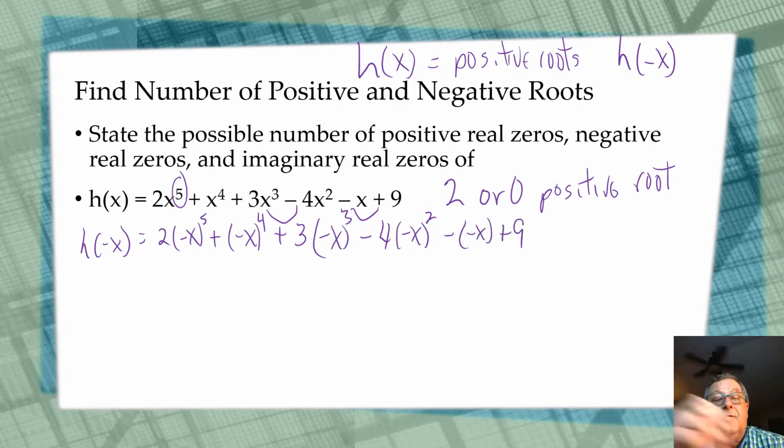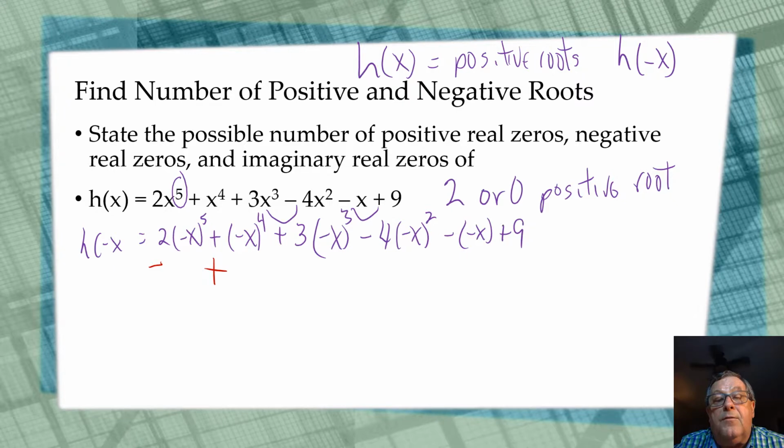Okay, so I think I've got this finally written out. So now I've got 2 times negative x to the 5th. Well, that's going to make this go negative. And I'm just not going to write the whole thing. I'm just going to write the sign. That's going to be negative, right? We just went through that. It'd be negative 64 if it was 2. All right, plus negative x to the 4th. Well, the sign's not going to change because we raised it to an even power.